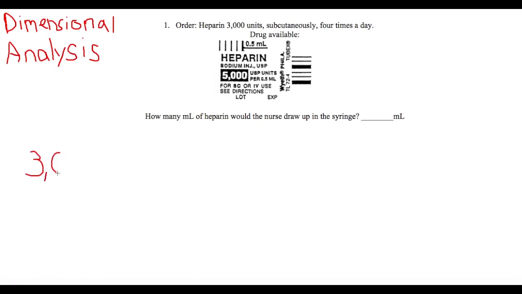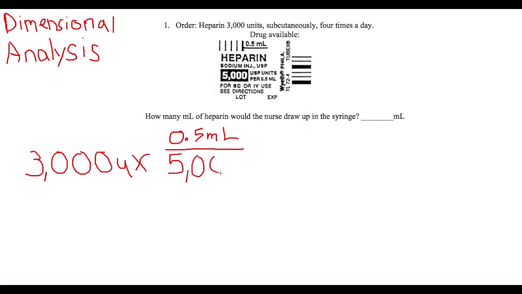We have an order for 3,000 units, and we are going to use dimensional analysis to find how many mLs we need. If we're looking for mLs, we're going to multiply times mLs. It's going to be on the top. We're going to get rid of our units, so our units are going to go on the bottom, and then our units are going to cancel out.